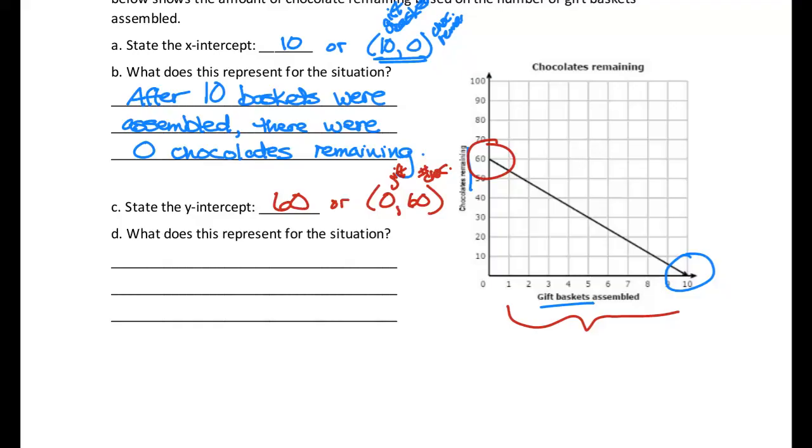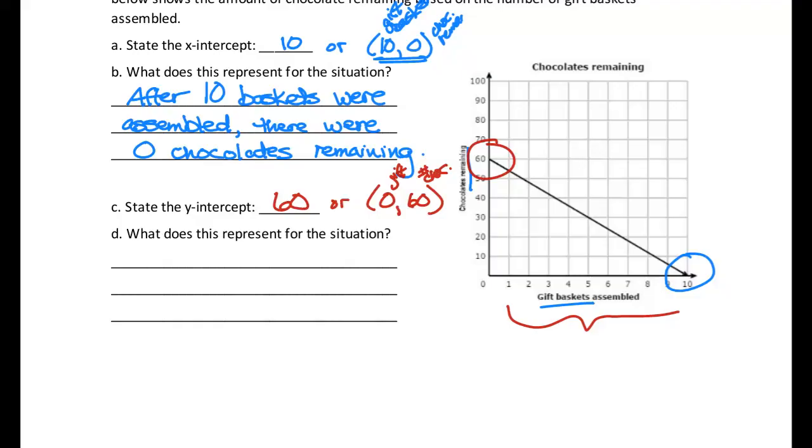What should we write? How many gift baskets do I have at this y-intercept of 60? Anybody? How many do I have? Bear, come on, up here please. Well, the gift baskets is 0.